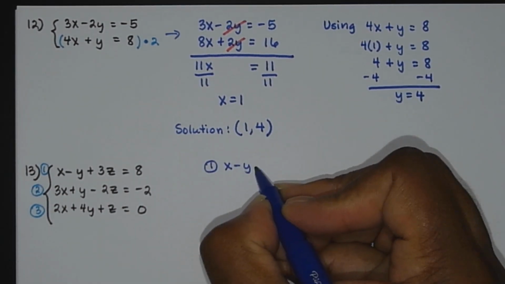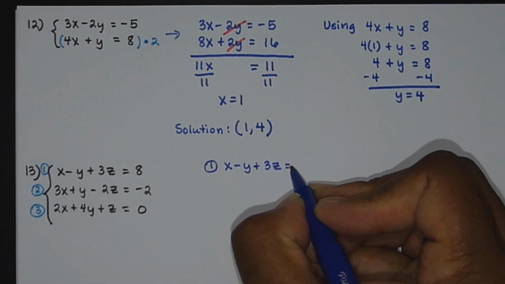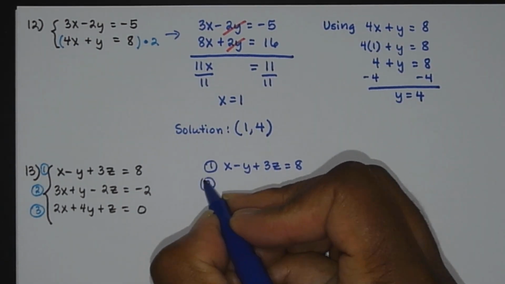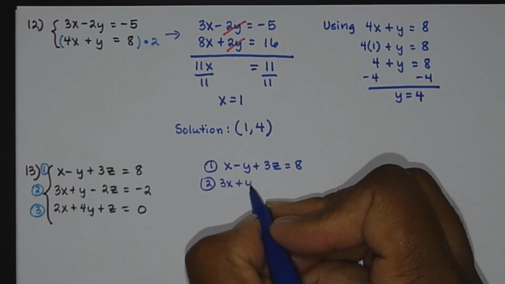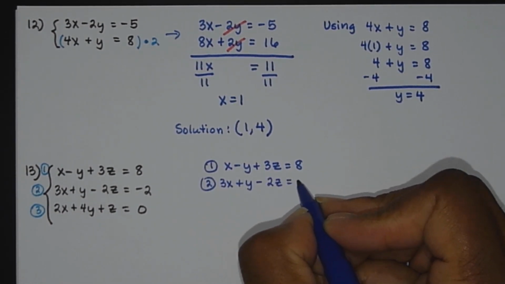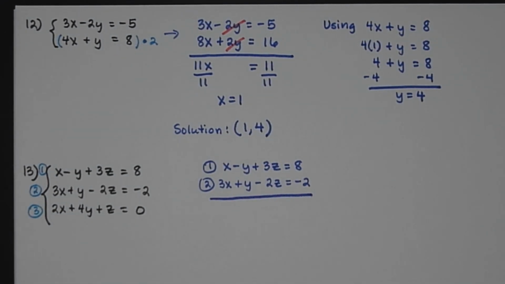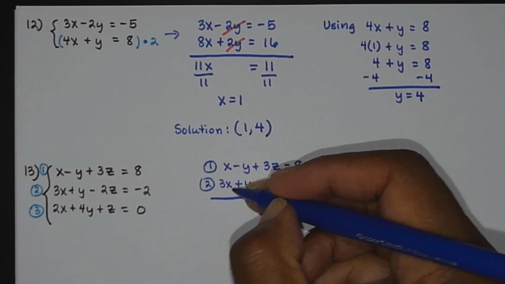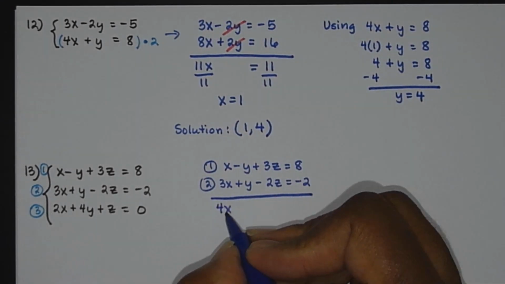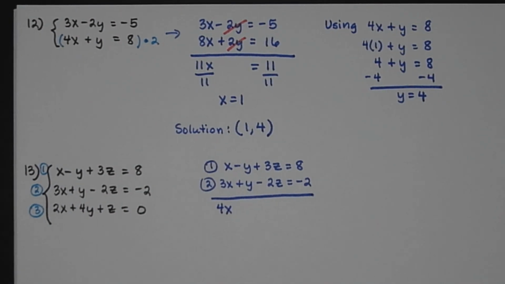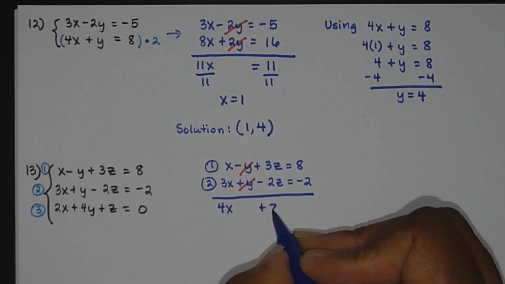Equation 1 is x minus y plus 3z is equal to 8. Equation 2 is 3x plus y minus 2z equaling negative 2. And I've already got the opposite signs there, so we can just go ahead and directly add those two equations together. x plus 3x will give me 4x, minus y and a plus y add to 0. 3z minus 2z will be a plus z.